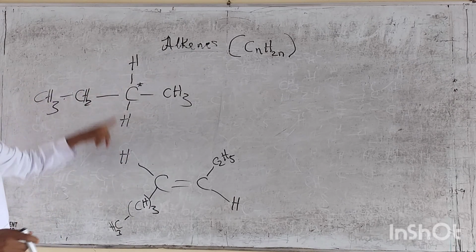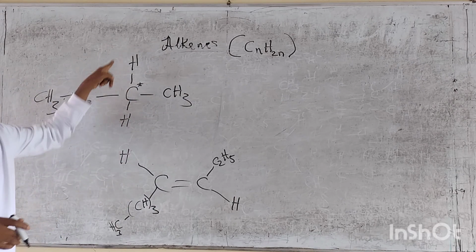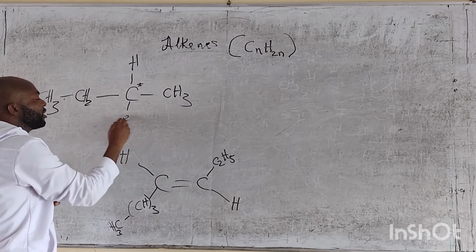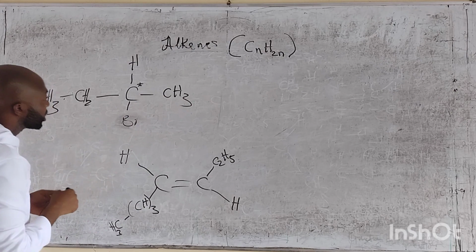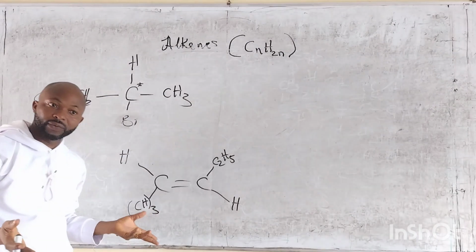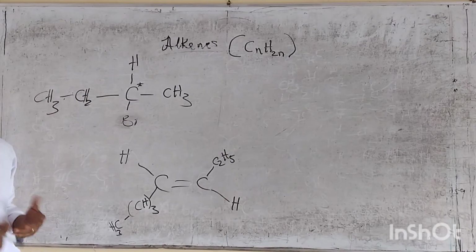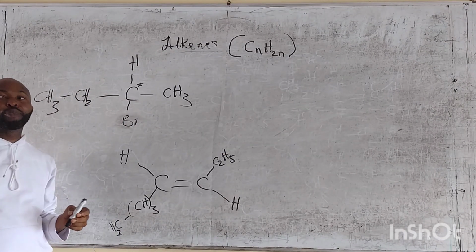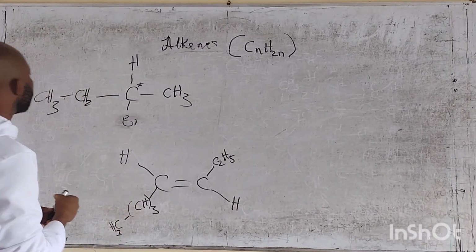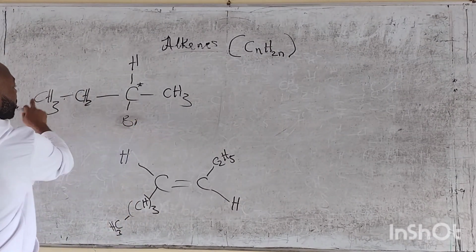Because it has two similar groups attached to it. All the groups attached to the carbon atom must be different. As such, we say that the compound is optically active, because it has the ability to rotate plane polarized light when it passes through it. So this is 2-bromobutane.